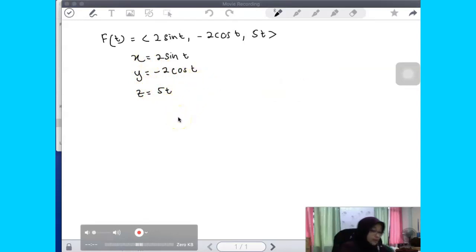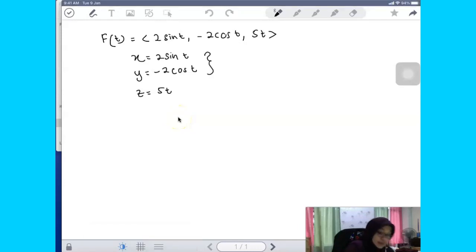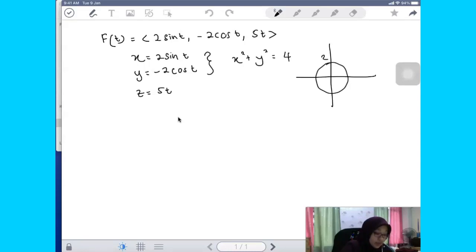In this case, x, y, and z are always changing with t. Based on our previous example, this always gives you a circle with radius 2. Meaning that when you plot on the xy plane in 2D, you always see a circle with radius 2 centered at the origin.